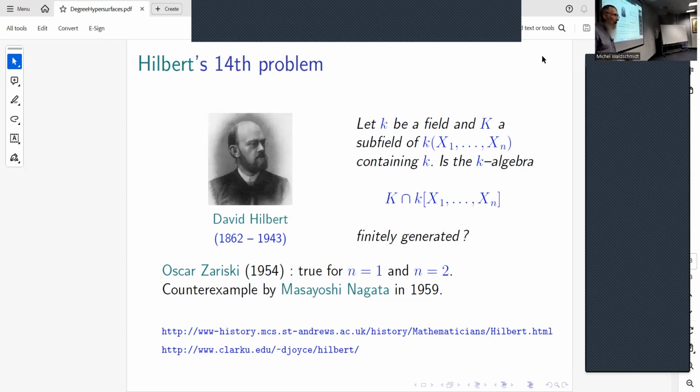Zariski proved that the answer is yes for n equal 1 and n equal 2. And so after that, people thought, okay, if it's true for two variables, there is a chance that it's true for more variables. And Nagata gave a counterexample in 1958.